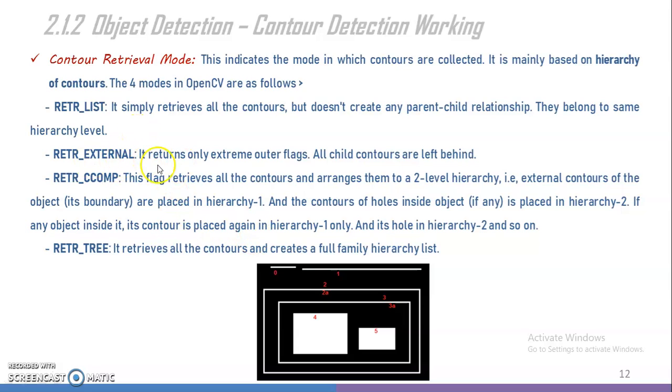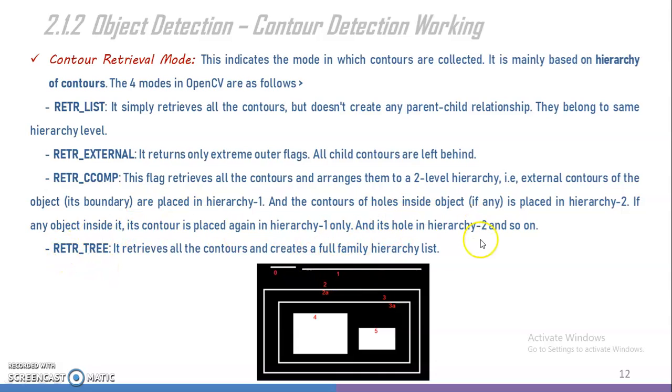External only stores the outer contours, and all the child contours are left behind. Here only 2 will be taken, and 2a and the like will not be taken. And CCOMP stores in a 2-level hierarchy, with a higher level and a lower level, like this.